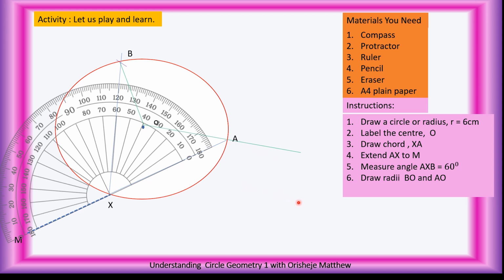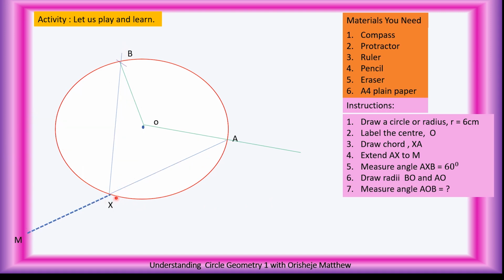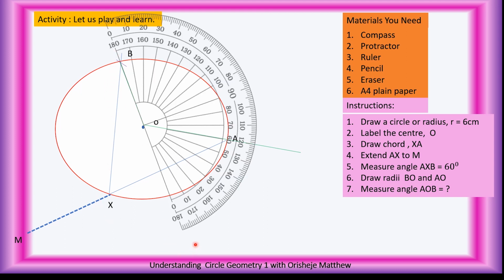Alright. So the angle that is subtended at this point here, so you have AXB, which is 60 degrees. So let's take your protractor and measure the angle at the center, which is BOA or AOB.